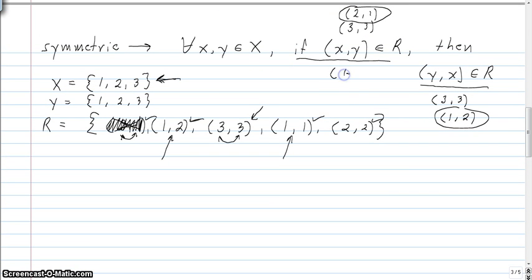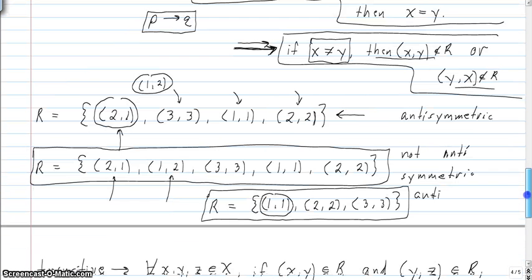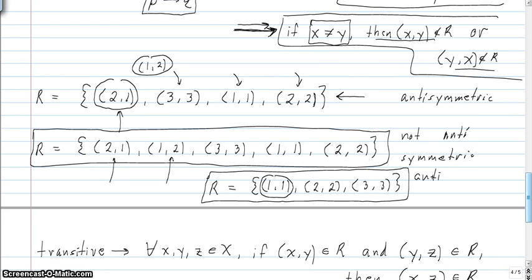If 1, 1 is in the relation, then I would be asking, is 1, 1 also in the relation? And it is. If 2, 2 is in the relation, then I'm asking, is 2, 2 in the relation? And it is. So this is kind of a funny relation where it is both antisymmetric and symmetric at the same time.